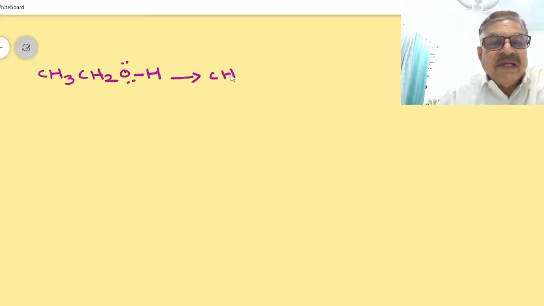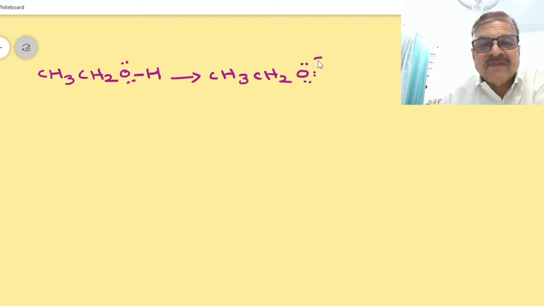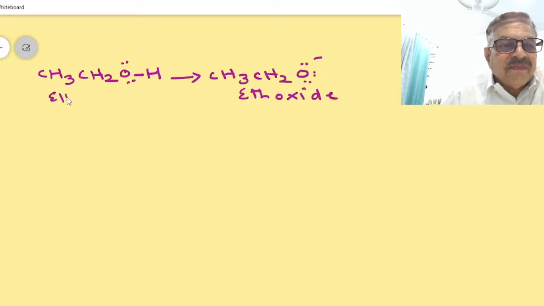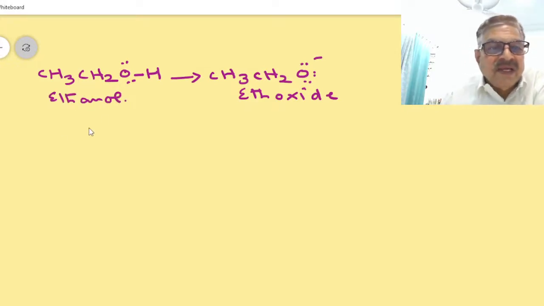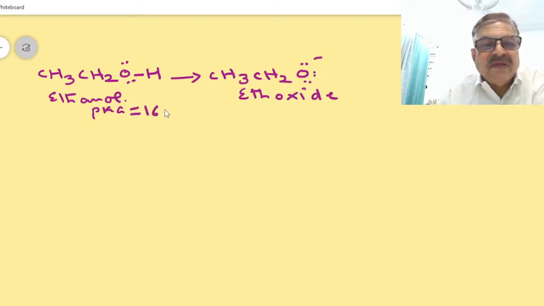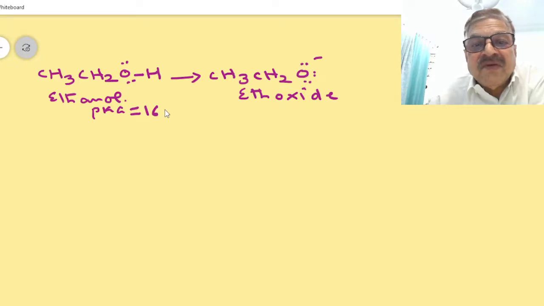That is, we are getting the ethoxide anion. This is the conjugate base, ethoxide. Ethanol is the acid, pKa 16. So this loss of a proton is giving the conjugate base ethoxide here.